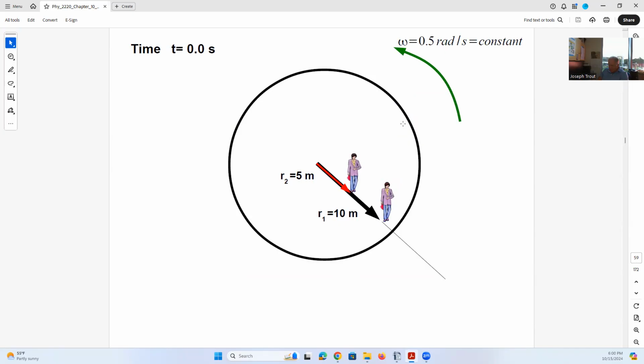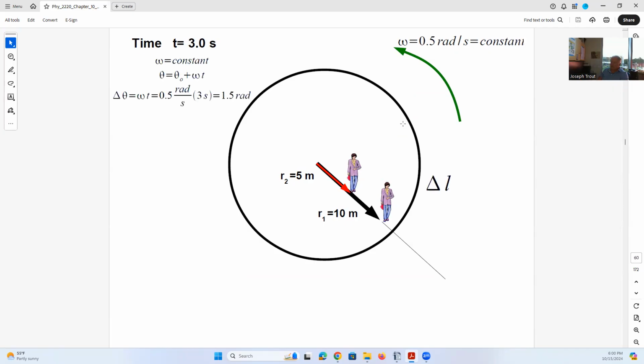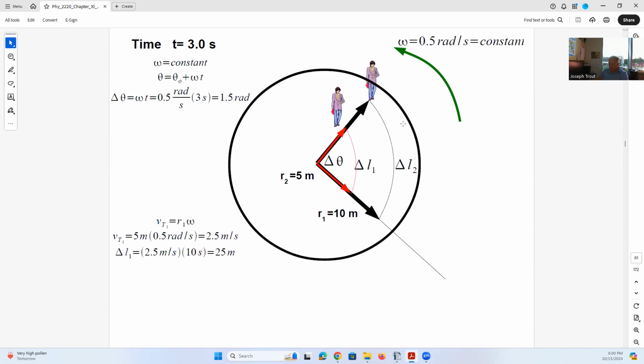So for example, let's look at these two people. They're standing still, but the disk rotates. What we see is that the person that's closer to the center is moving slower, even though they're both rotating at the same rate. If we look at person 1, they move a distance of 25 meters, and their velocity is 2.5 meters per second.